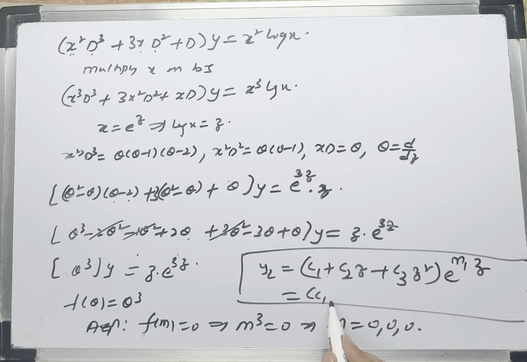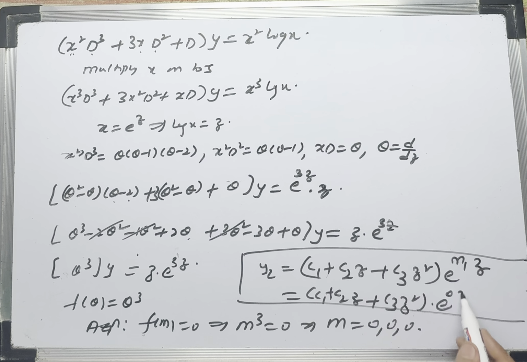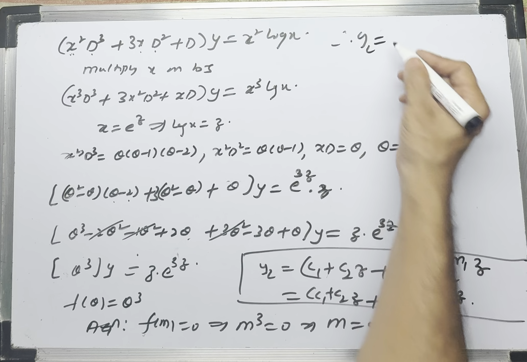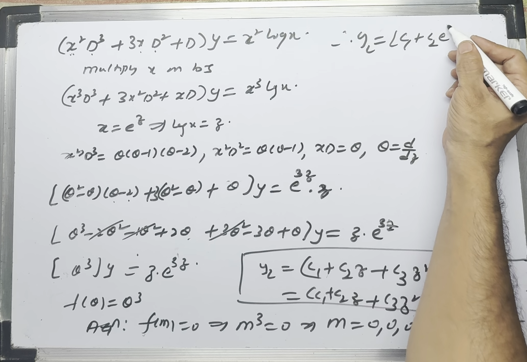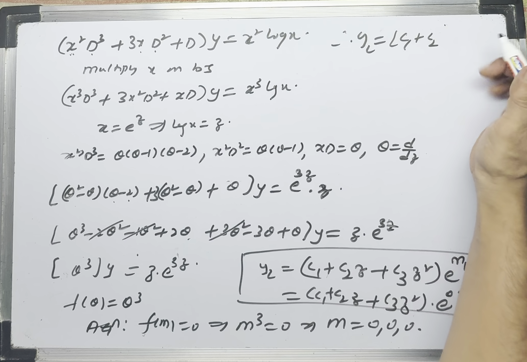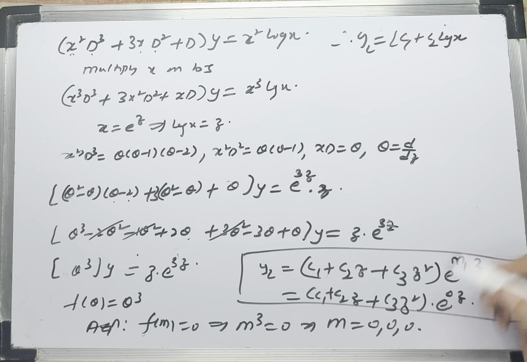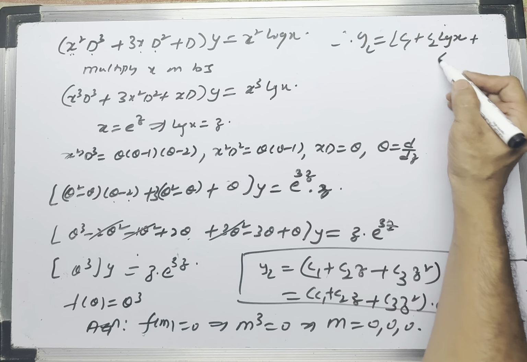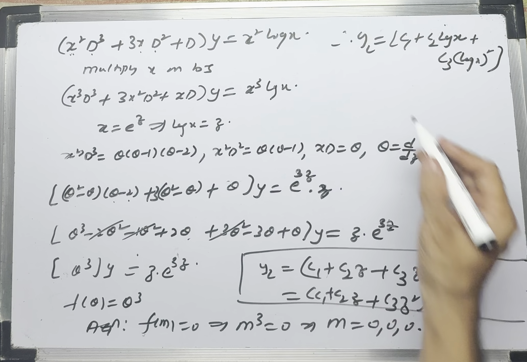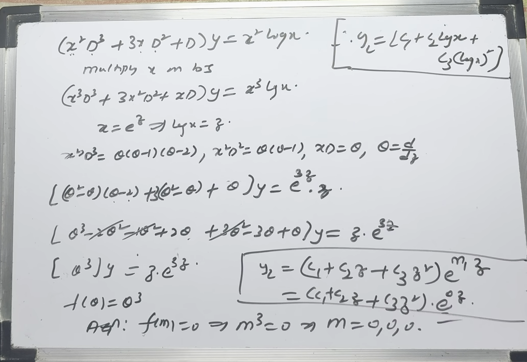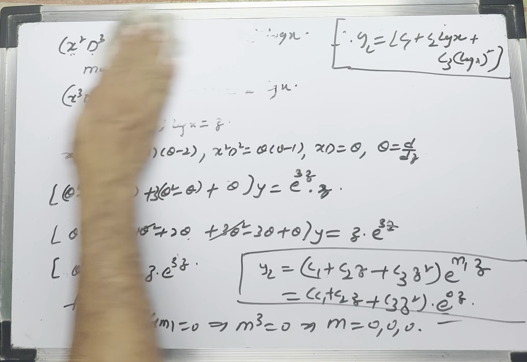Now this one is c1 plus c2 z plus c3 z square e power 0 z. 0 z is 0, this is 1. Now yc equals c1 plus c2, z is log x, plus c3 into log x square into 1. This is yc. Once we get yc, we will find yp now.